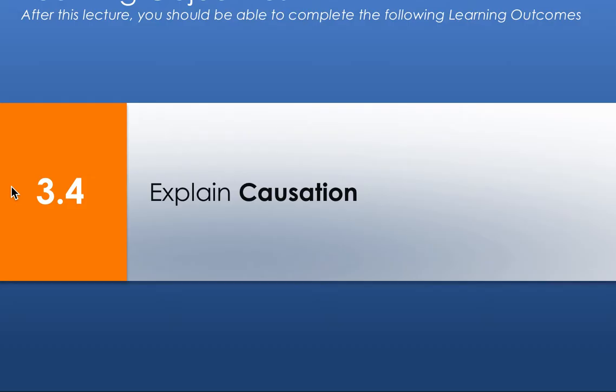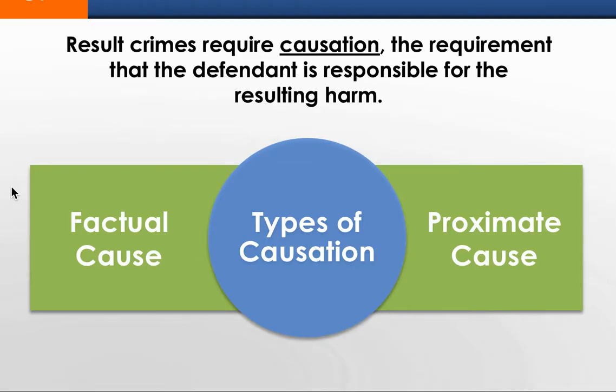So causation, page 87. Explaining causation: it's the requirement that the defendant is responsible for the harm which results, whether factually or proximately. Factual causation is the requirement that the defendant's conduct was the cause in fact, with no doubt, of the harm.